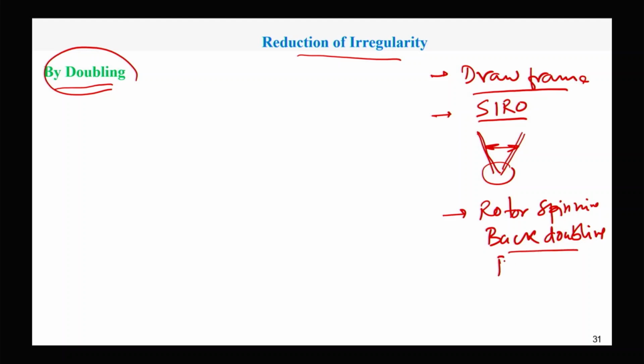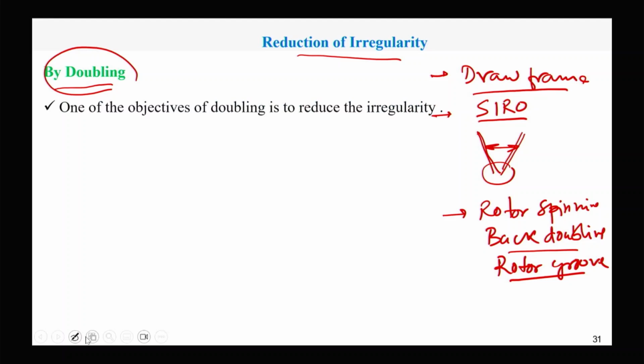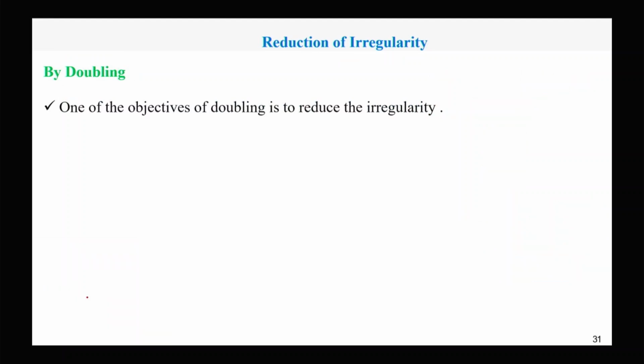At the rotor groove, back doubling results in improvement in CV percent. So one of the main objectives of doubling is to reduce the irregularity.